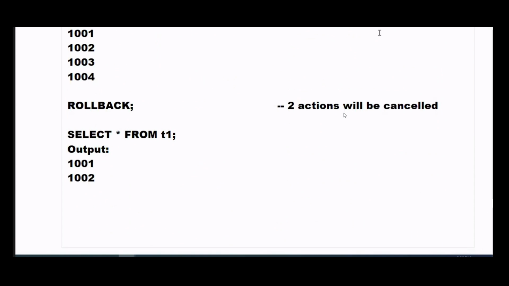Next. The next one is savepoint. When we are performing large transactions, sometimes we may set some margins for rollback.